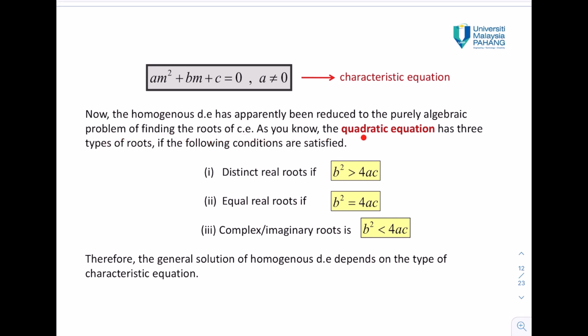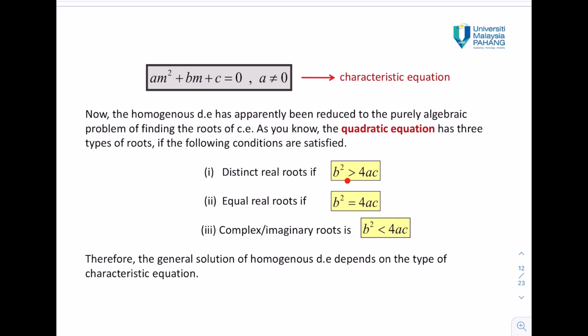As you know, the quadratic equation has 3 types of roots if the following conditions are satisfied. It will become distinct real roots if b squared is greater than 4ac. This is b, this is the value of a and this is the value of c, and then you have to check the value of b squared.